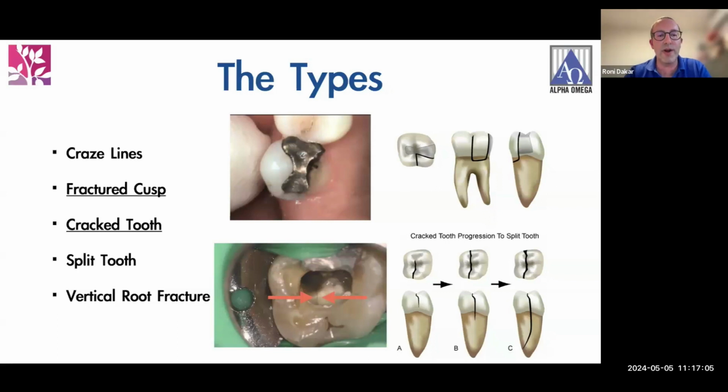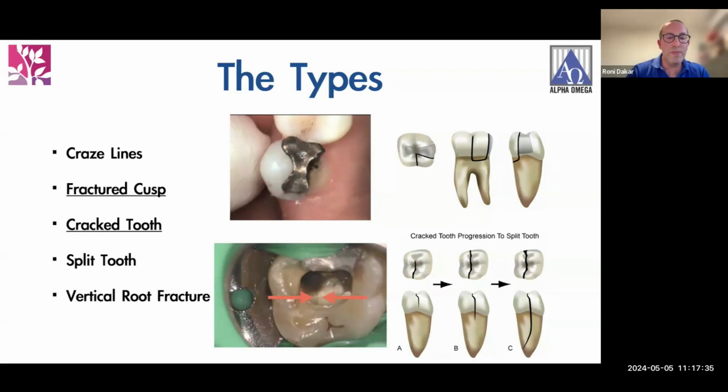At the bottom, we see a cracked tooth, which is defined as a partial, not complete, fracture, a crack that begins in the crown and progresses apically. Most often, the direction of the cracks is mesiodistal, but sometimes we also see surprises in other directions. These cracks are more centralized compared to cusp fractures, so there is a higher chance that they will involve the pulp eventually.